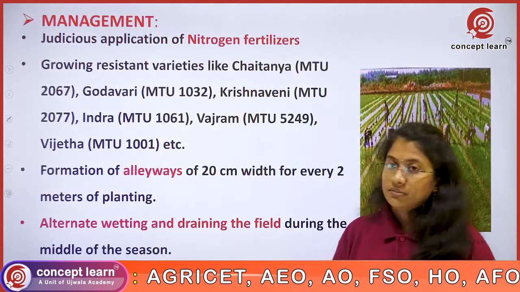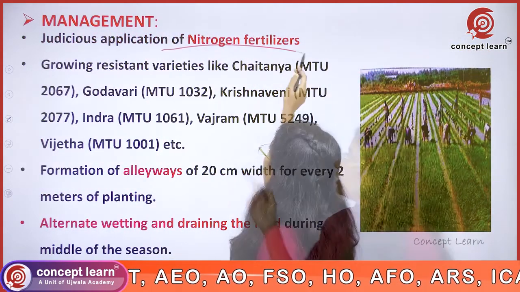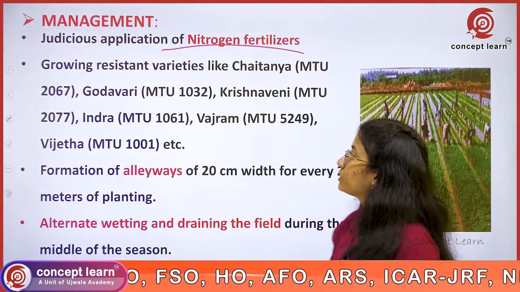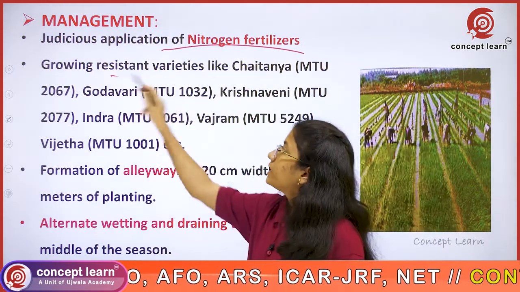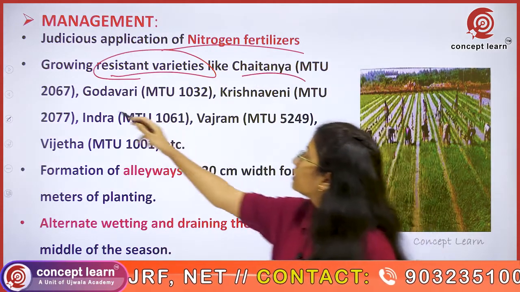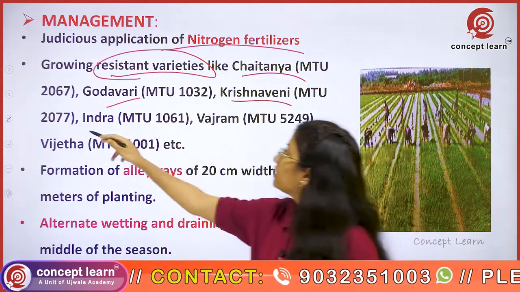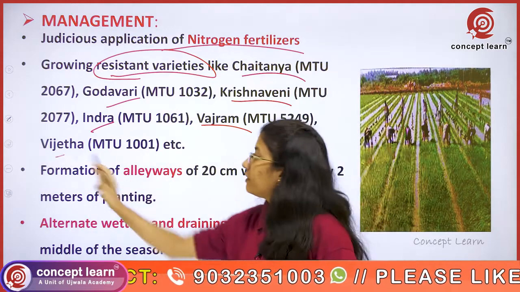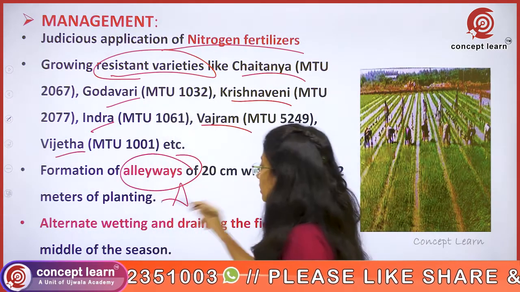Coming to its management, it is recommended to avoid heavy applications of nitrogen fertilizers, and a few resistant varieties have also been recommended. They are Chaitanya, Godavari, Krishnaveni, Indra and Vajram Vijeta. Alleyways are important here.